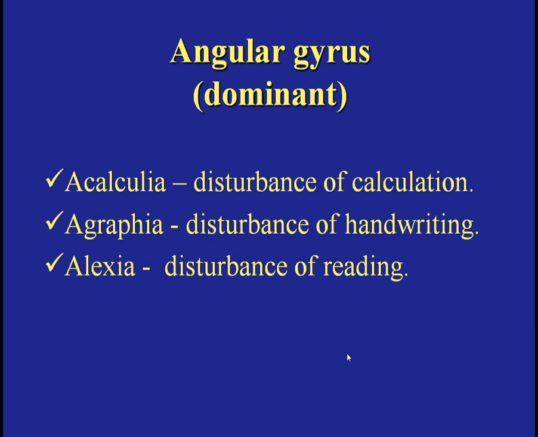Pathology of the dominant angular gyrus. Acalculia, disturbance of calculation. Agraphia, disturbance of handwriting. And alexia, disturbance of reading. Okay, we described the frontal type of agraphia some minutes ago, and in that case it was a motor disorder, but comprehension was normal.